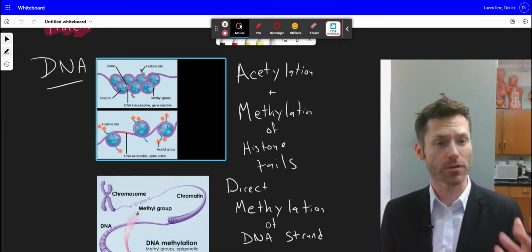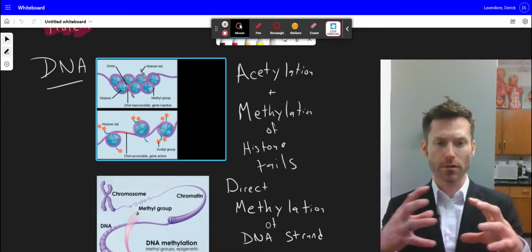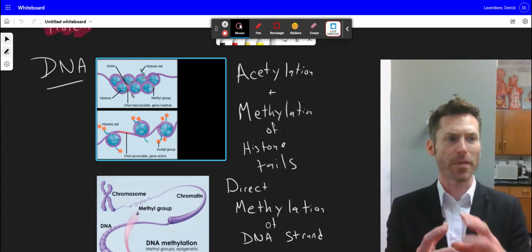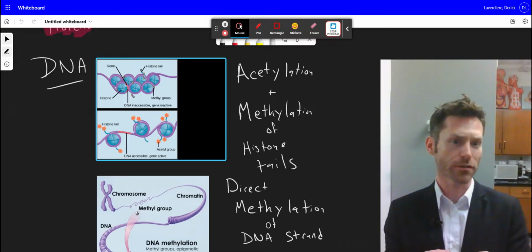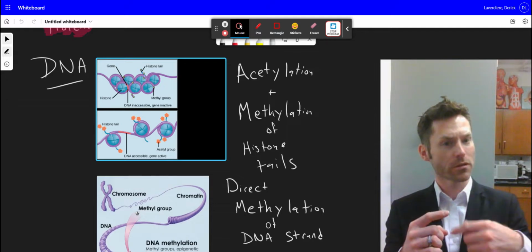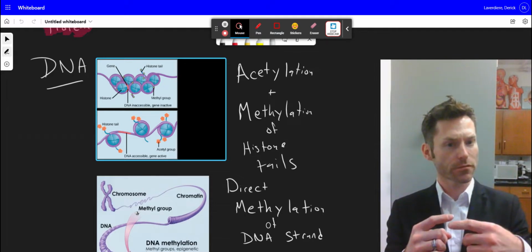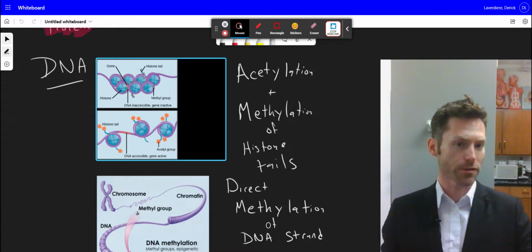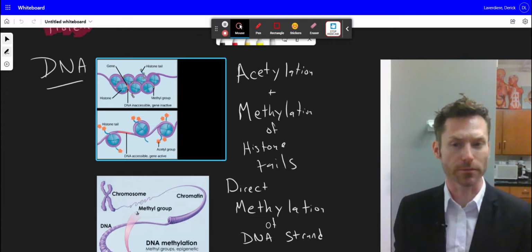Histones are one of those things. Histones are groups of proteins that are basically kind of like fishing reels. The DNA wraps around the histone a couple of times, and then it continues onwards, like a fishing line wrapped around a fishing reel.